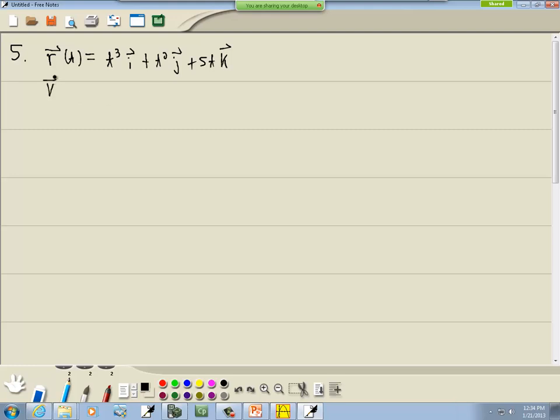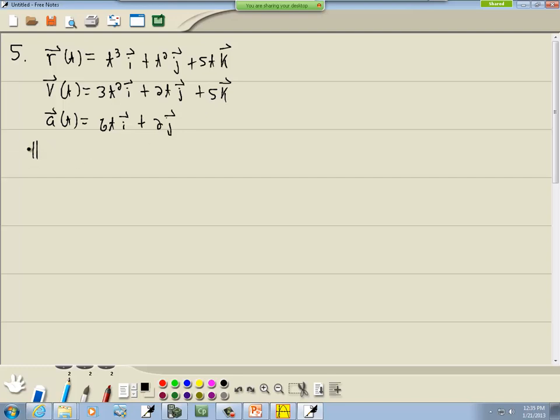And our velocity, first derivative of r, so this will be 3t squared i plus 2tj plus 5k. And our acceleration is the second derivative, so we just take derivative of what we just found. So that gives us 6ti plus 2j, and then the 5k drops away, because that's just a number.